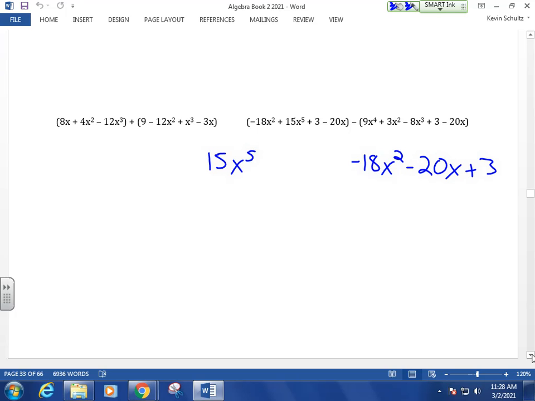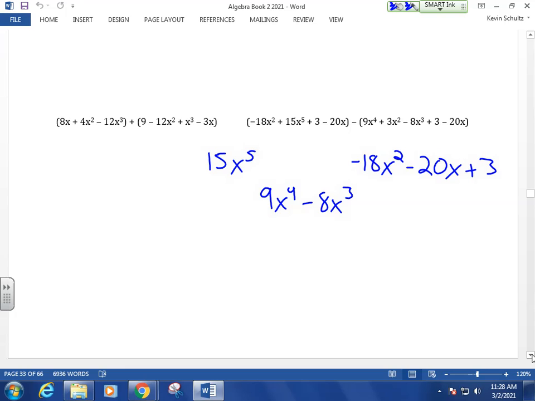Okay. In my second expression, I don't have an x to the 5th, so I'm going to put my 9x to the 4th in its place, where it would go if I'd had one in the first expression. My negative 8x cubed comes next, where an x cubed term would go.